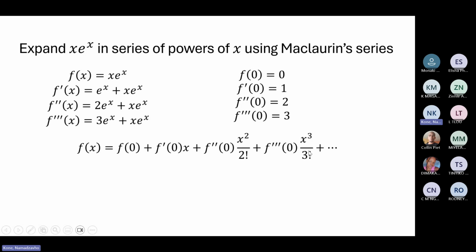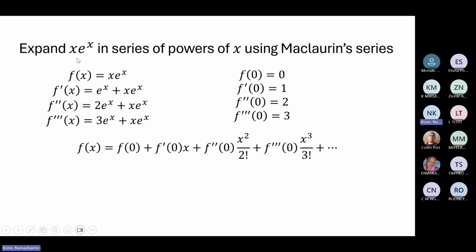The next one will be 4, x to the power 4 over 4 factorial. And the one after that, 5, x to the power 5 over 5 factorial. The next one after that, 6, x to the power 6 over 6 factorial. And it goes on like that, according to the sequence that we are seeing there.